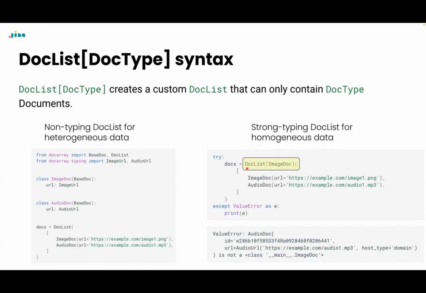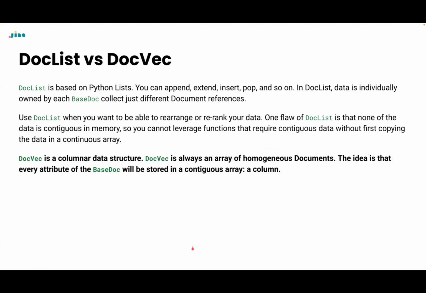For example, if you do something like DocList of ImageDoc, but you put an audio doc inside that, it will throw an error. But here it is fine. Enforcing a homogeneous DocList has many benefits. For example, it's easier to store them, it's also easier to transfer over the network, conduct computing over the DocList, and so on.